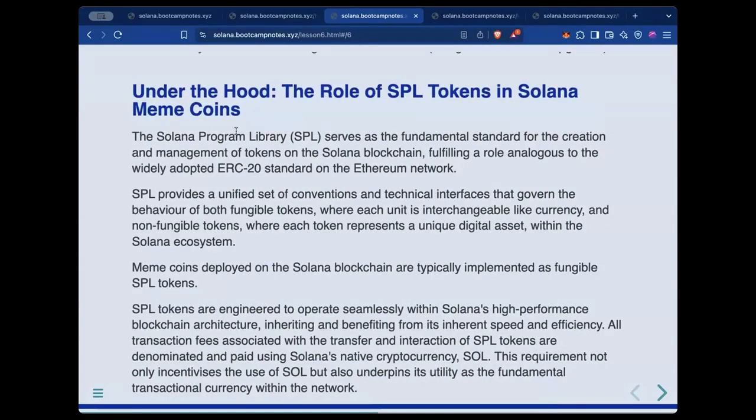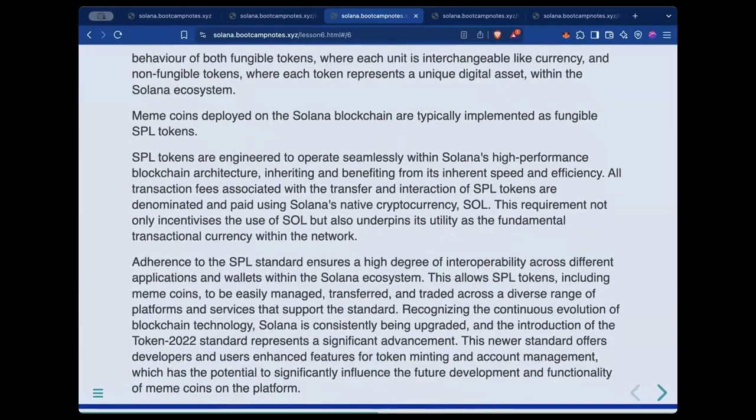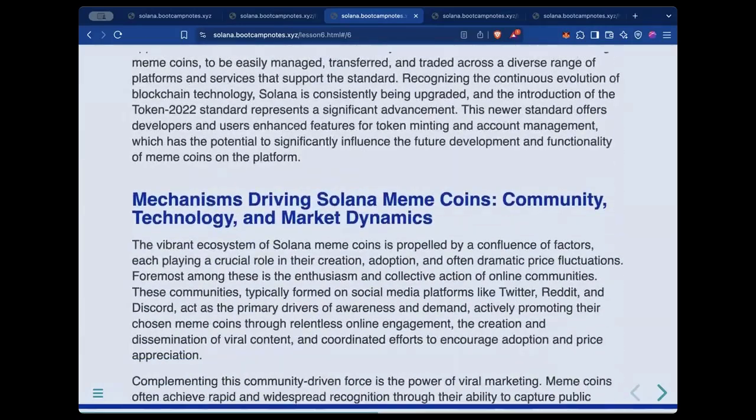I haven't spoken about the SPL, the Solana Program Library yet, and the way that tokens are implemented. I'll just say that there is a standard, obviously, on Solana for creating tokens, and there is a library that will provide us with an implementation of that. So it's very simple to do this, and we're going to go through the details about that in a second.